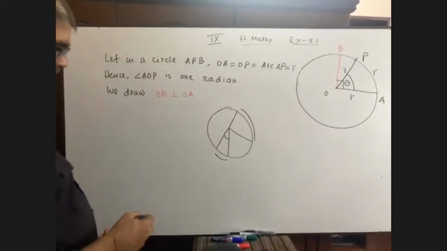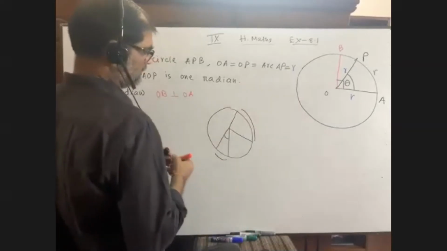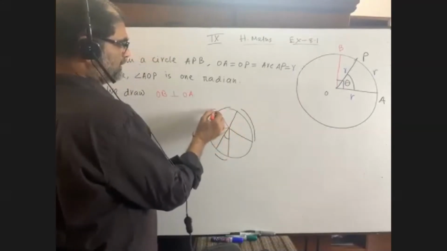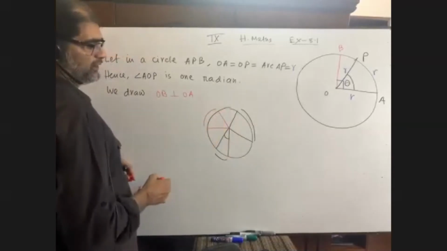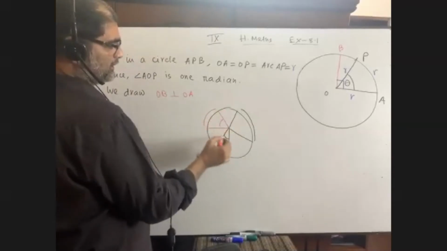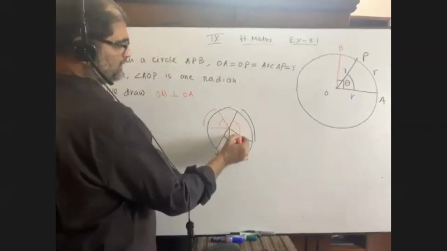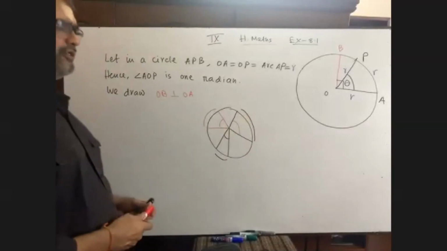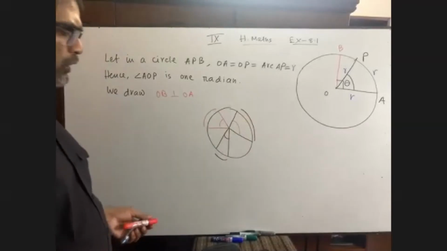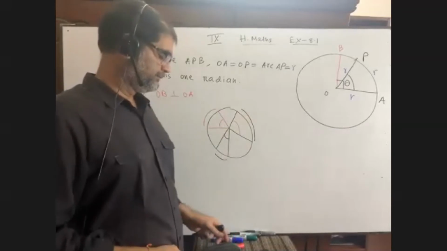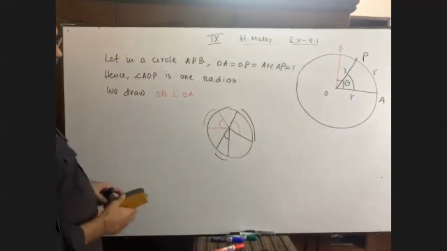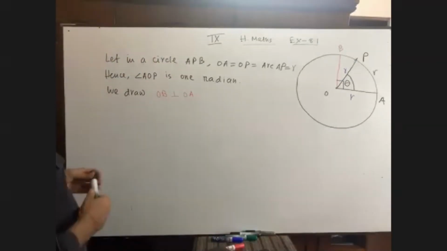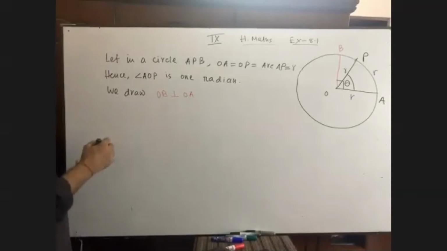Suppose we are going to draw another angle in this way. Suppose it is made by this arc. You see, it depends. This angle, this arc, this angle, this arc. That means the angle and the arc formed by it are proportional. Proportional means, you know, in physics, you have read it.